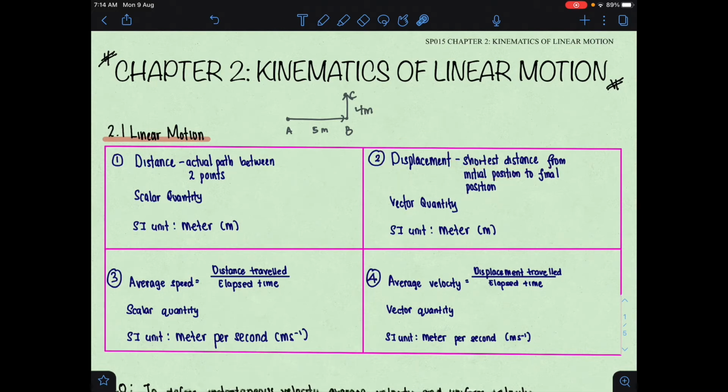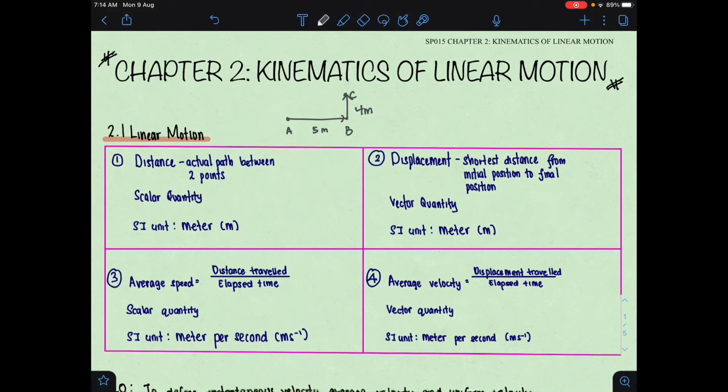Maksudnya, it is the shortest distance that you could take to reach a point from a point. So you started your journey from point A to reach point C. It is not necessary you must go through 5 meter plus 4 meter. You can straight away use this path here.